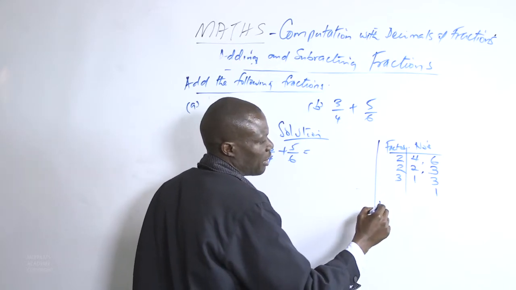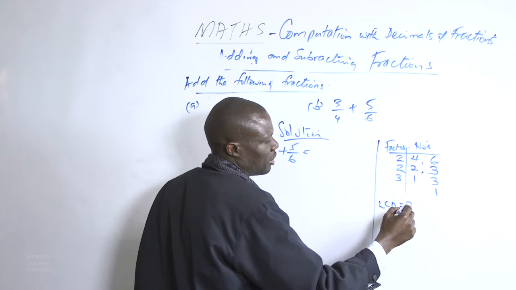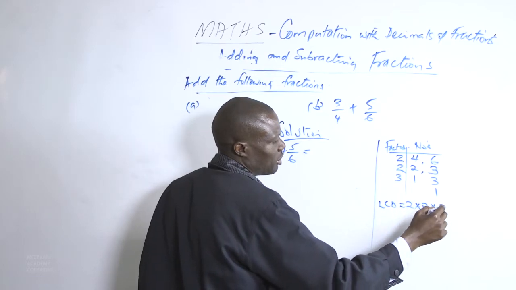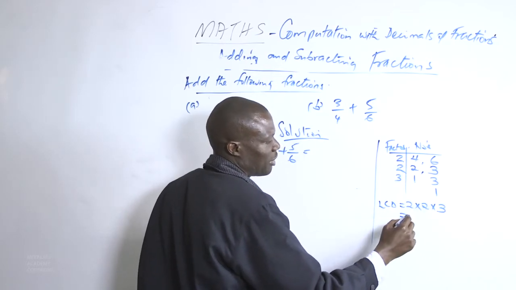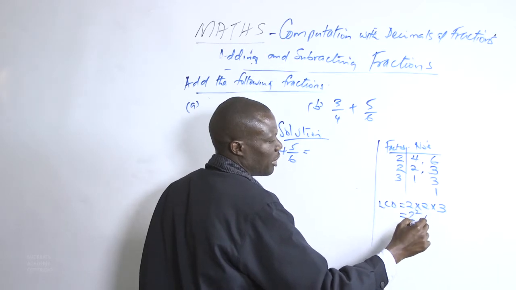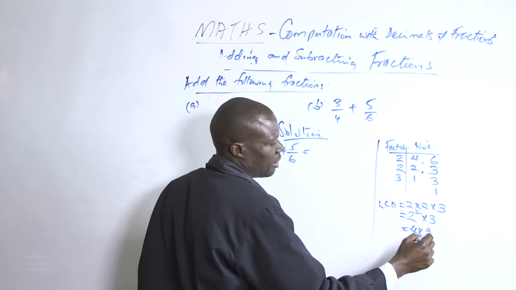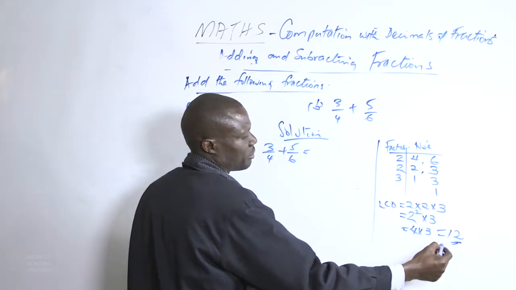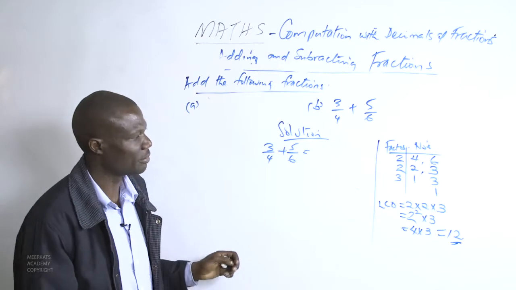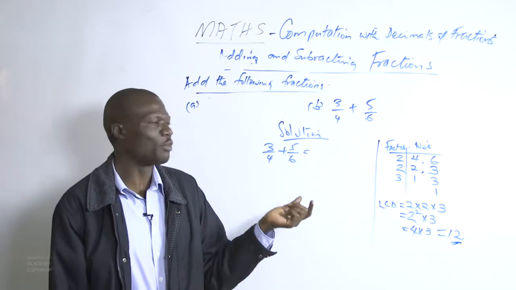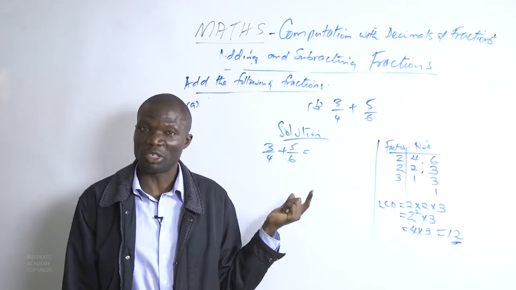So we find that our LCD is simply 2 times 2 times 3, which, as you said earlier, can also be written as 2 squared times 3, or 4 times 3, which equals 12. Take note, if we were to multiply, we would use 24.